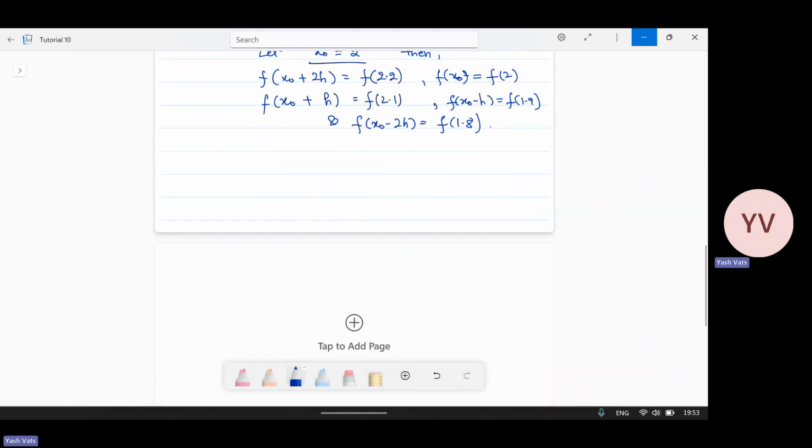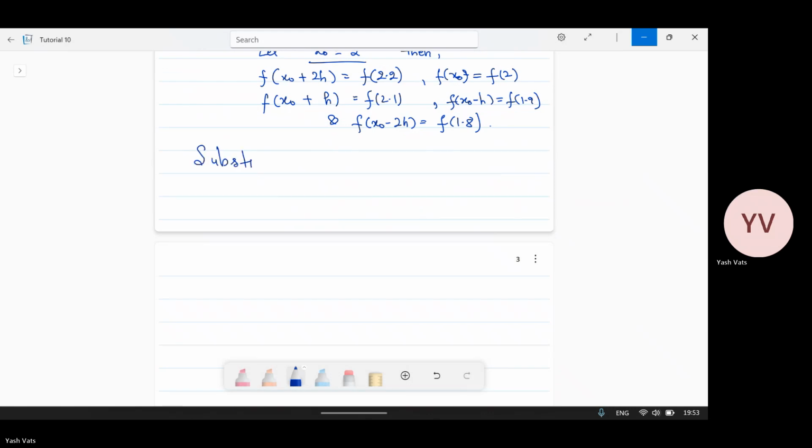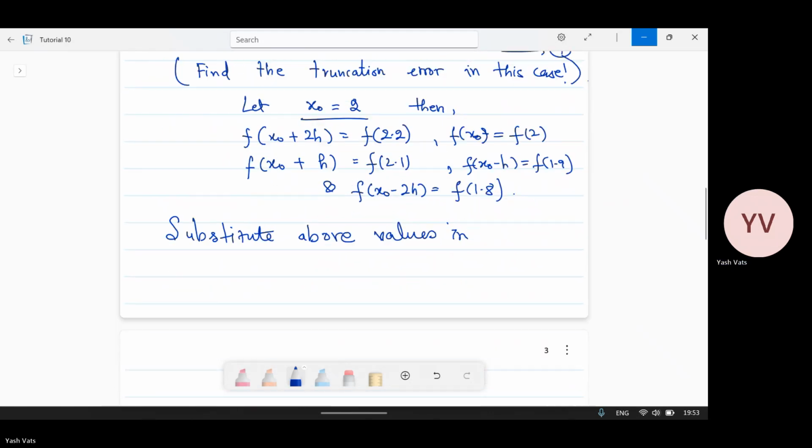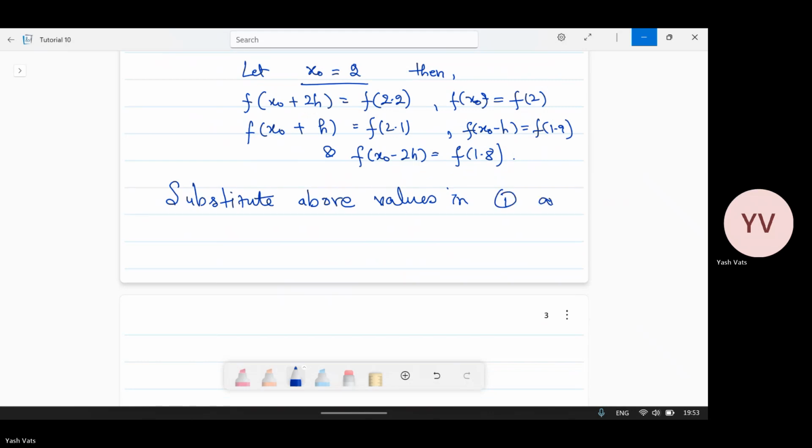You have to substitute these. This is your first equation. Desired result.